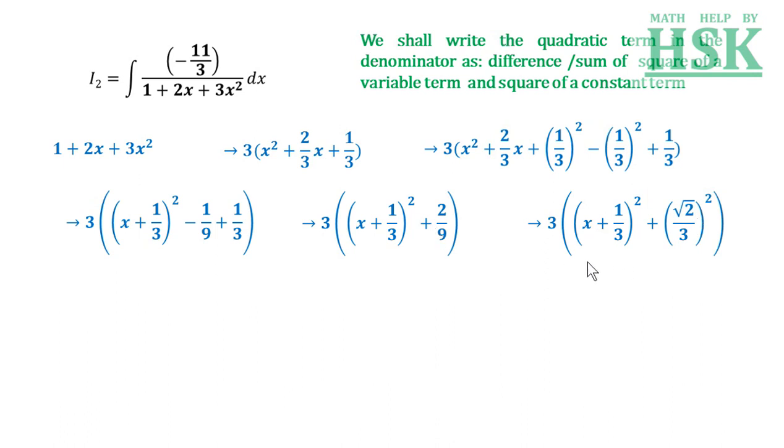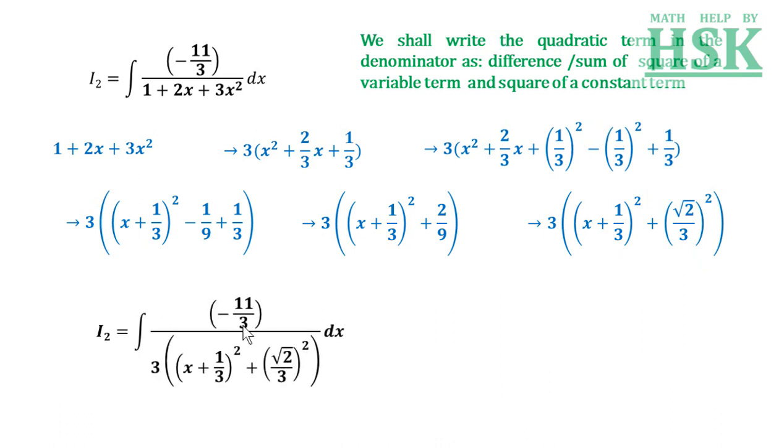Now I'm going to substitute this value for the denominator to obtain I2 as equal to minus 11 upon 3 whole upon this expression. Now this 3 and this 3 are going to multiply to give me minus 11 upon 9 into integration of 1 upon x plus 1 by 3 whole square plus root 2 upon 3 whole square with respect to x.